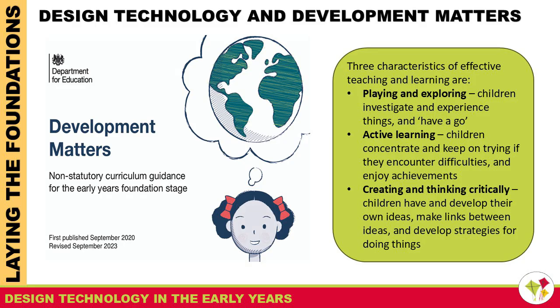The document identifies the 3 characteristics of effective teaching and learning, being playing and exploring, children investigating and experiencing things and developing a have-a-go attitude to their learning; active learning, children concentrating and keeping on trying if they encounter difficulties and enjoying their achievements when a task is complete; and creating and thinking critically, children having and developing their own ideas, making links between these ideas and developing strategies for doing things.